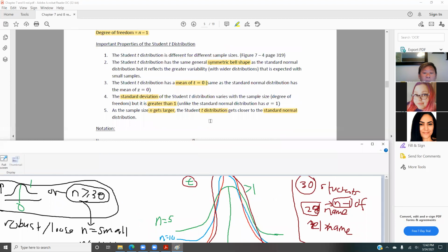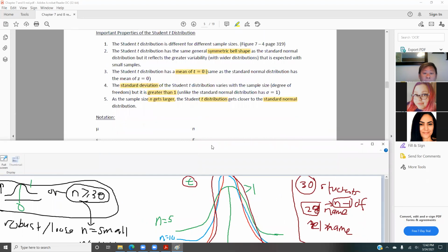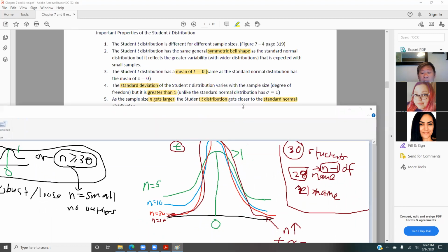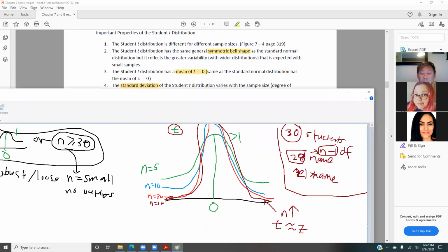They all look like a bell shape, with the mean of 0, the standard deviation always more than 1. And when n gets bigger and bigger, your t will be closer and closer to the z. Okay, so this is the T distribution.